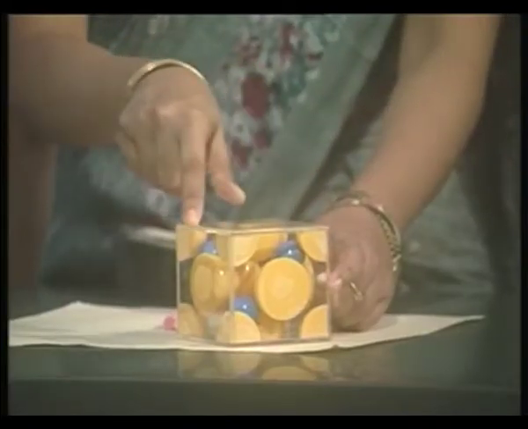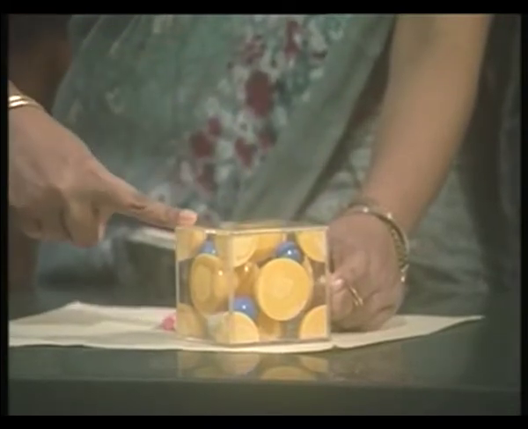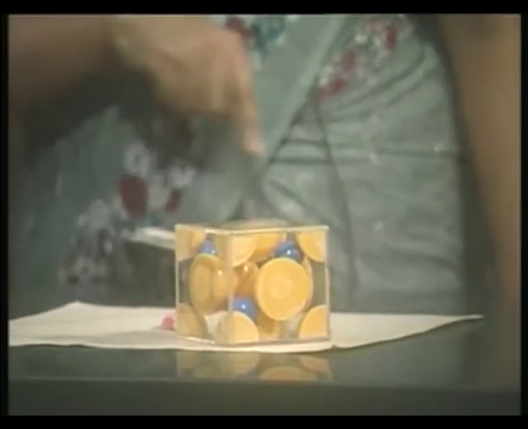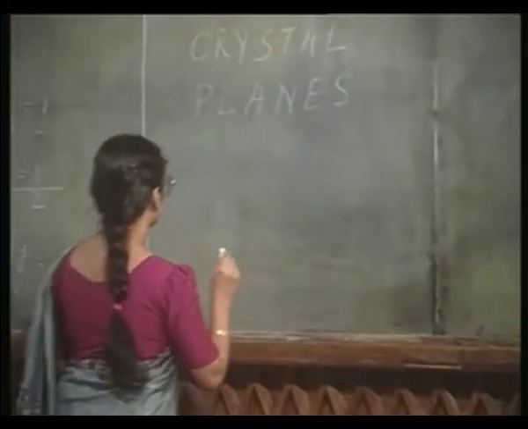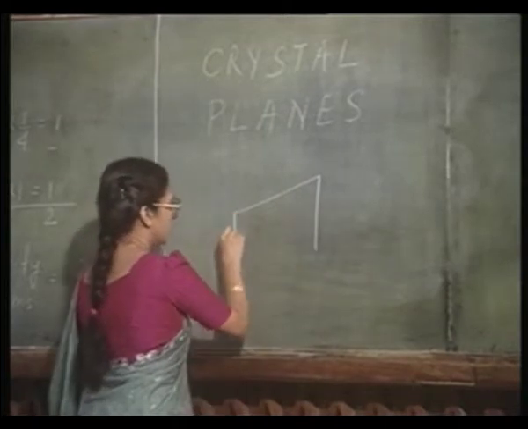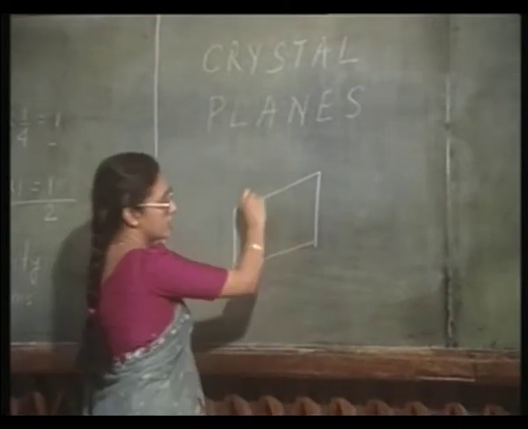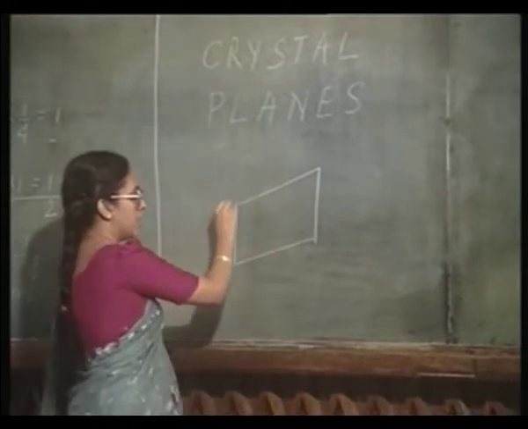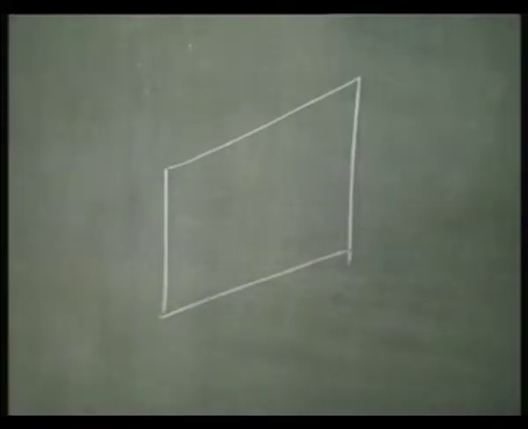This is my 1 1 0 plane. If I draw a big diagonal here, then this is my 1 1 0 plane. This is this big diagonal and this is the side of the crystal.